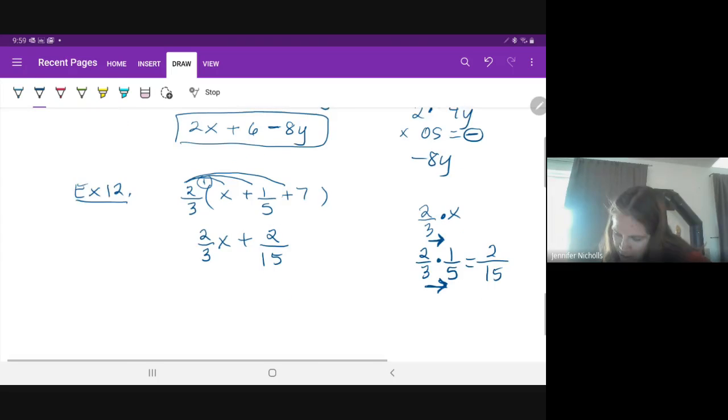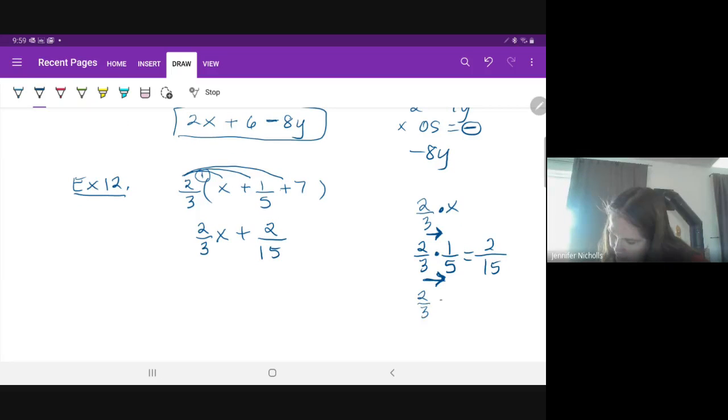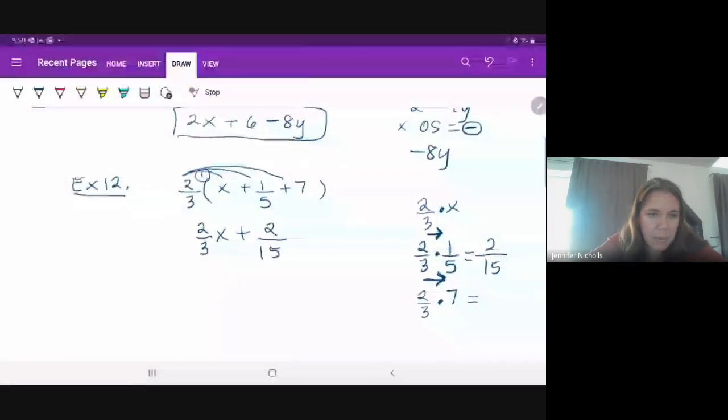And then what do I do over here? So 2/3 times 7. And if I write stuff on the right, you do need to be writing that stuff out as well. What's that multiplying? How am I supposed to multiply when there is no second denominator? Oh, good, you guys are all answering now.